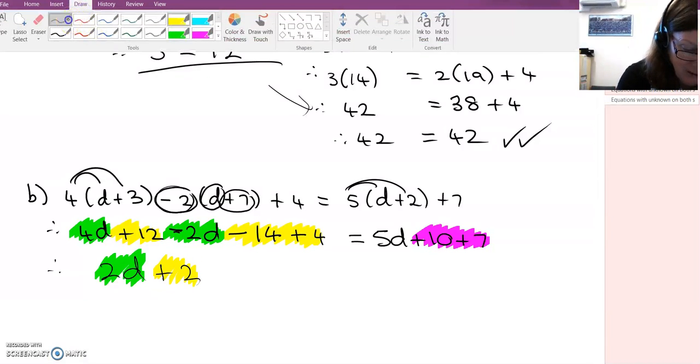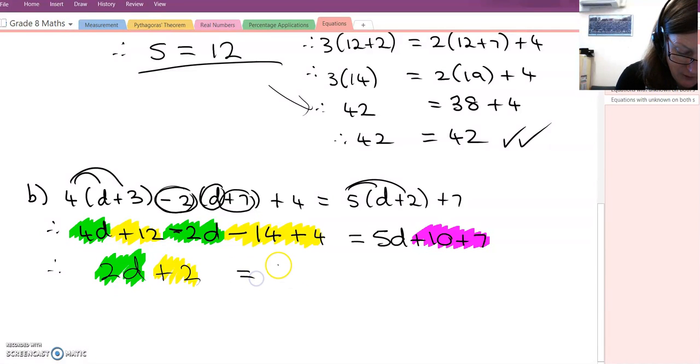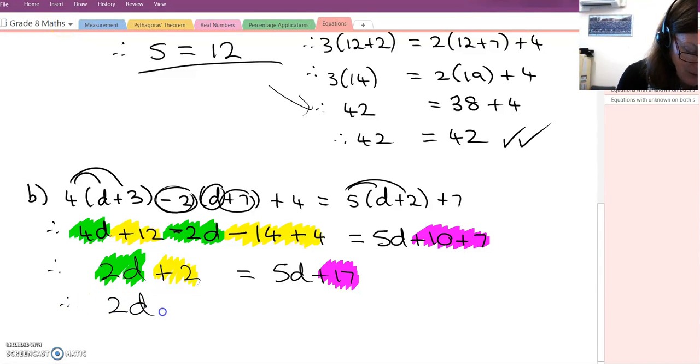Then if I go to my right hand side, combining my like terms, the things highlighted in pink, 10 plus 7 is 17. So the highlighting is meant to show you the like terms and what we've got as a result from combining those like terms. Okay, let's write it out without the highlighting now, just so we can see what we've got.